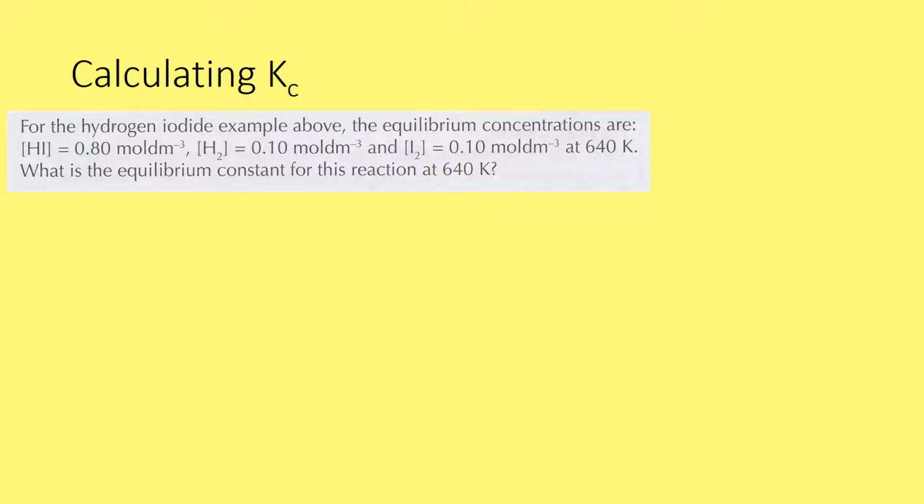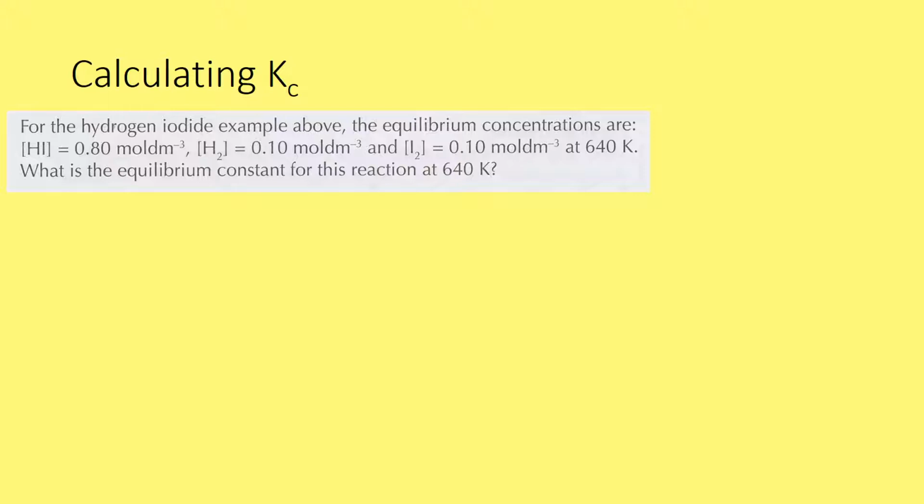Let's stick with the hydrogen iodide example, and this particular question has equilibrium concentrations of hydrogen iodide, the product, at 0.80 moles per decimeter cubed, hydrogen gas at 0.10 moles per decimeter cubed, and iodine, the other reactant, also at 0.1 moles per decimeter cubed.